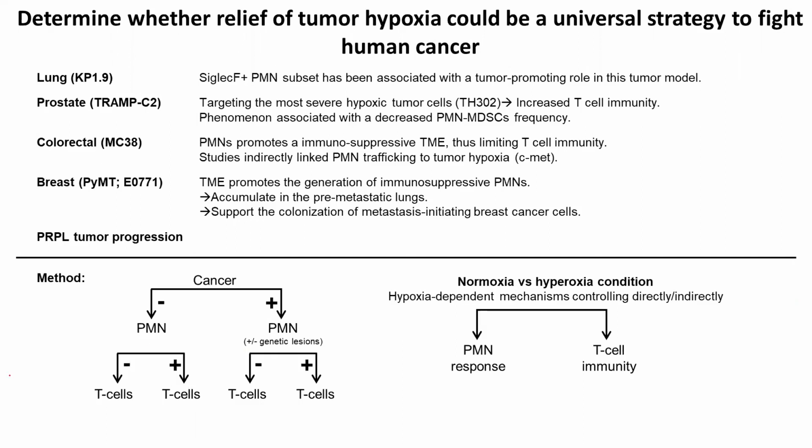And we are also investigating how tumor hypoxia affects the immune response at later stages of tumor progression. For all of these cancers, we always use the same strategy, the same matrix, in which we study the effect of tumor hypoxia in models where PMN are present with or without genetic lesion, where neutrophils are absent, and in all of these cases, with or without T-cell response.